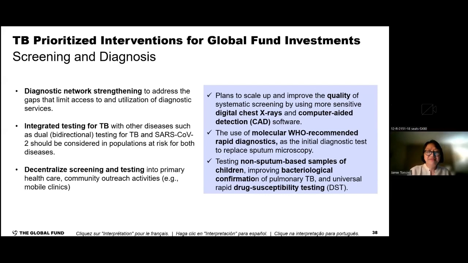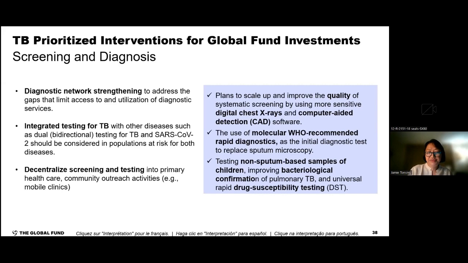We've been for some time promoting scale up of molecular WHO recommended rapid diagnostics like GeneXpert, TrueNat, but the progress is not commensurate with what we want to see. So how do we move from the global rate of 33% coverage with these tests to 60, 70% in the coming 3-year cycle?